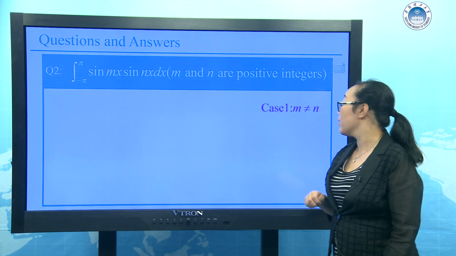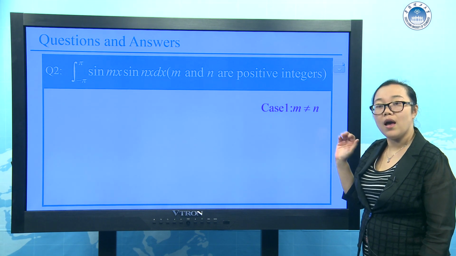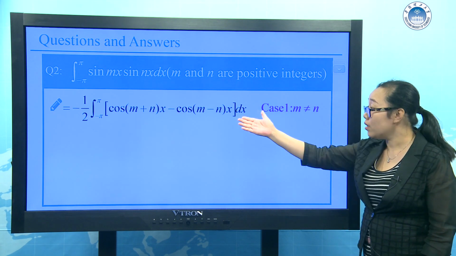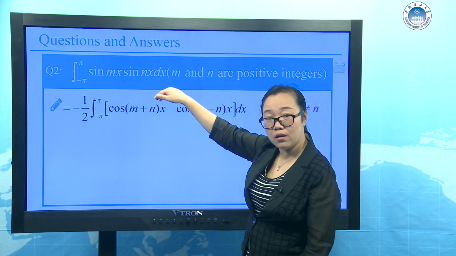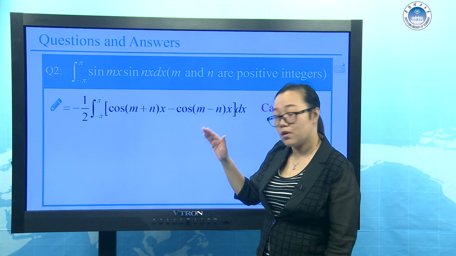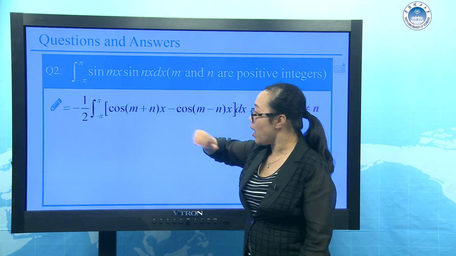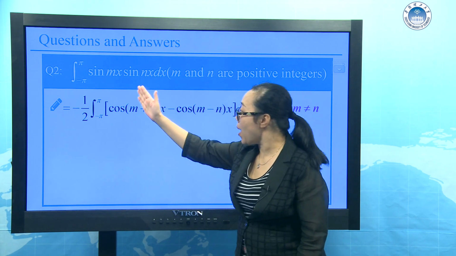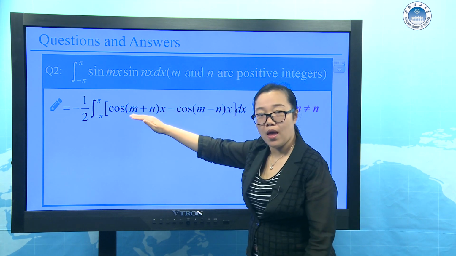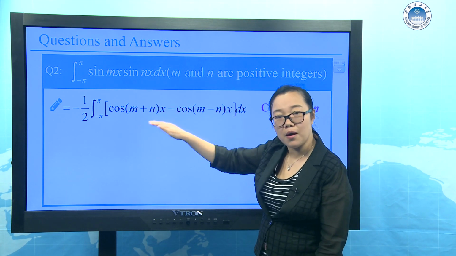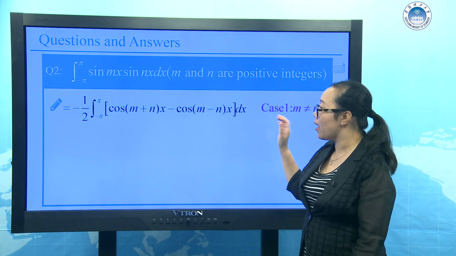Case 1: if m does not equal n, we have this formula. Sin mx times sin nx equals minus half, integral from minus pi to pi, of bracket cosine (m plus n)x minus cosine (m minus n)x dx.